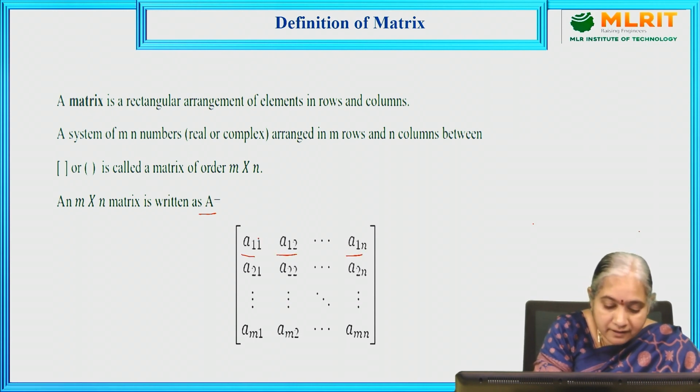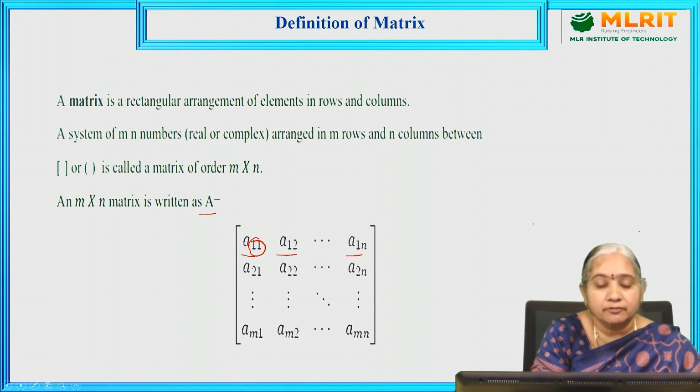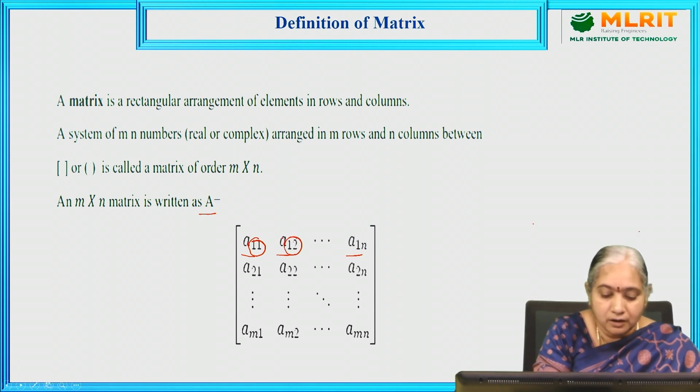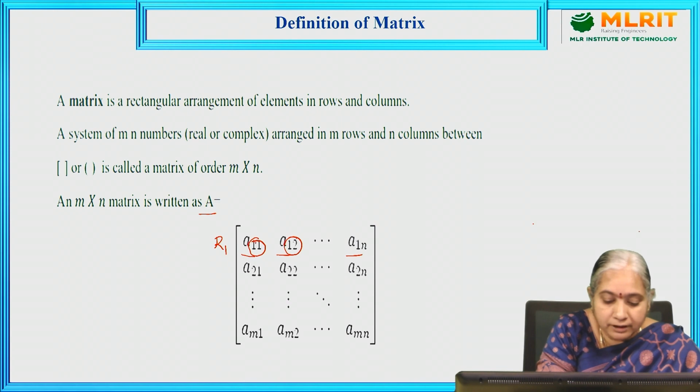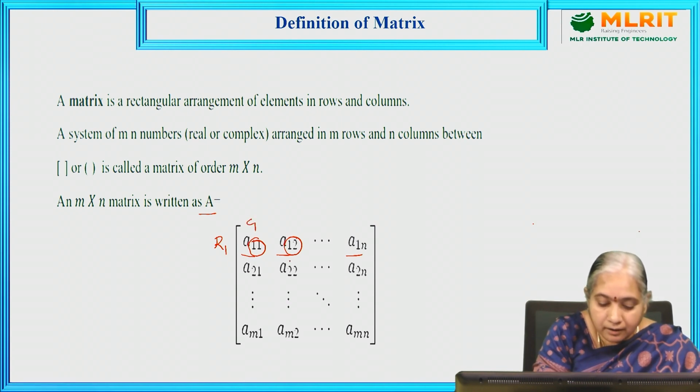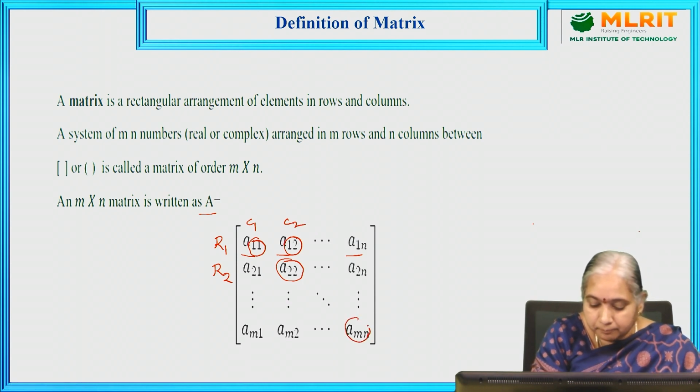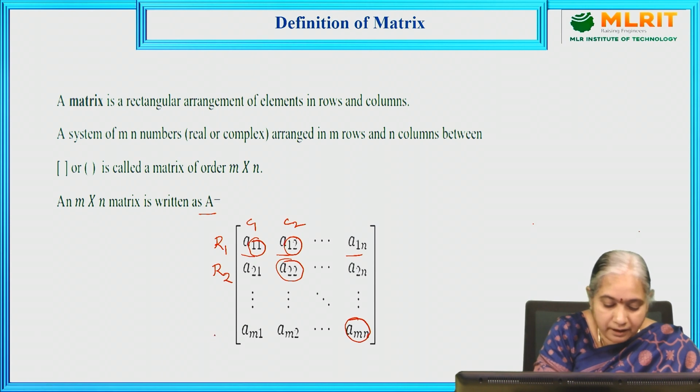The suffix indicates the position of the element in the matrix: the first one indicates the row and the second indicates the column. So, the position of the element a11 is first row, first column. Similarly, the element a22 is in the second row, second column. Similarly, amn lies in the mth row and nth column.